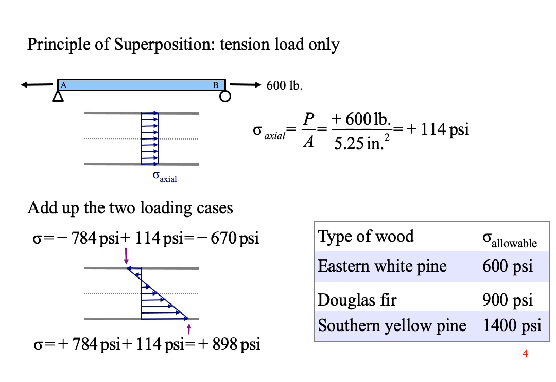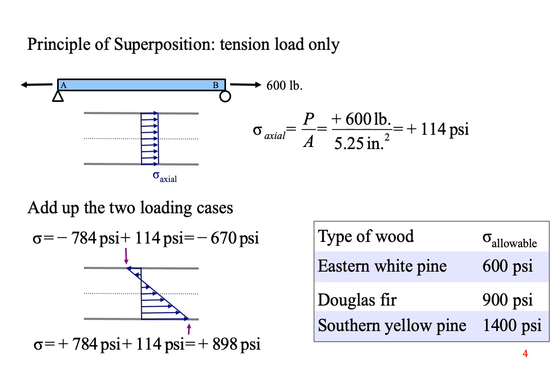This is a simple P over A equation, and the stress is positive. Superposition allows us to add up the stresses due to each separate loading. Along the top of the beam, the total stress is a compressive negative 670 psi, and along the bottom of the beam, the total stress is a tensile positive 898 psi.